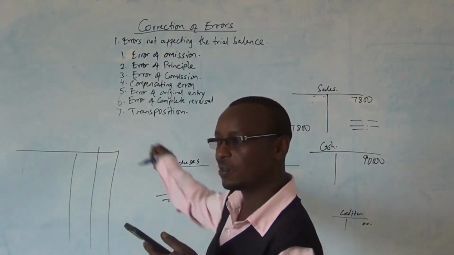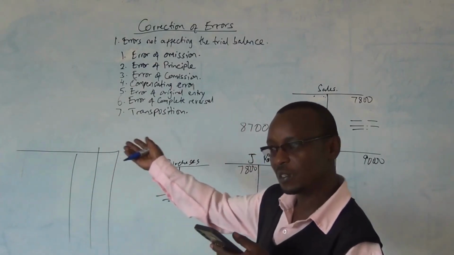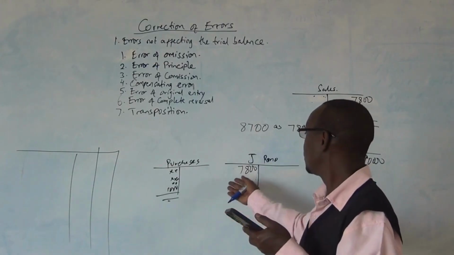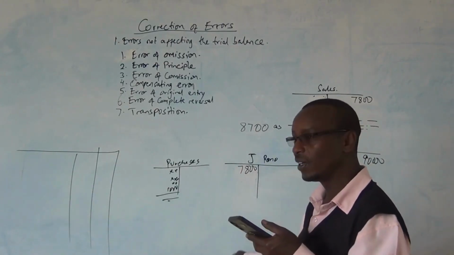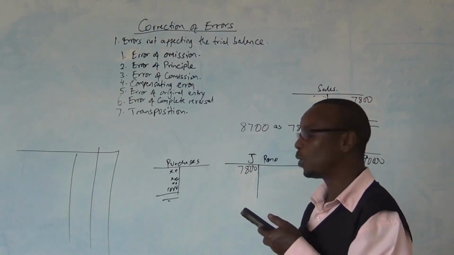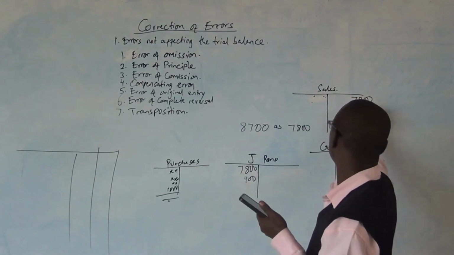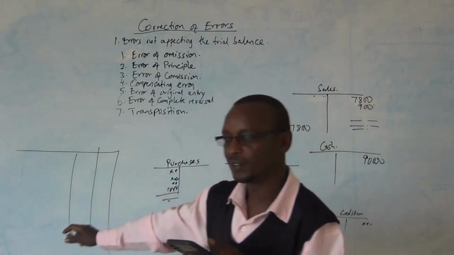See, tunatumia na statement. The letters, you give them the statement of account. Then kwa statement yake, hapa nilikosea. It was supposed to be. So how are you going to do it? You debit 900 here and credit, and then you give the narration.